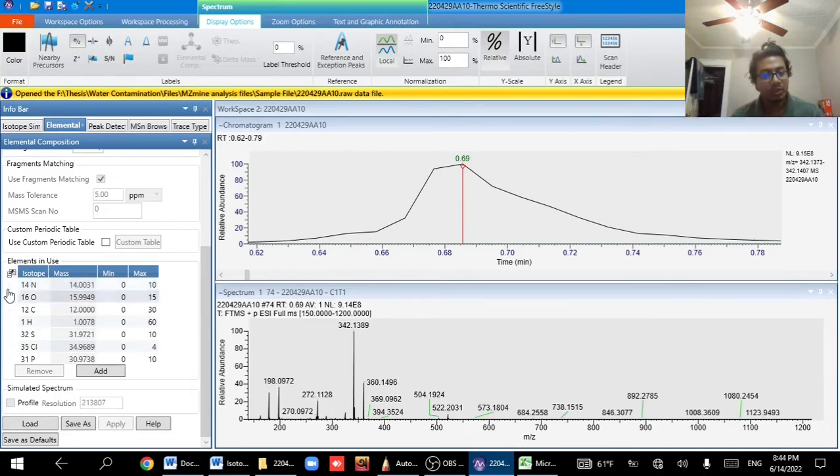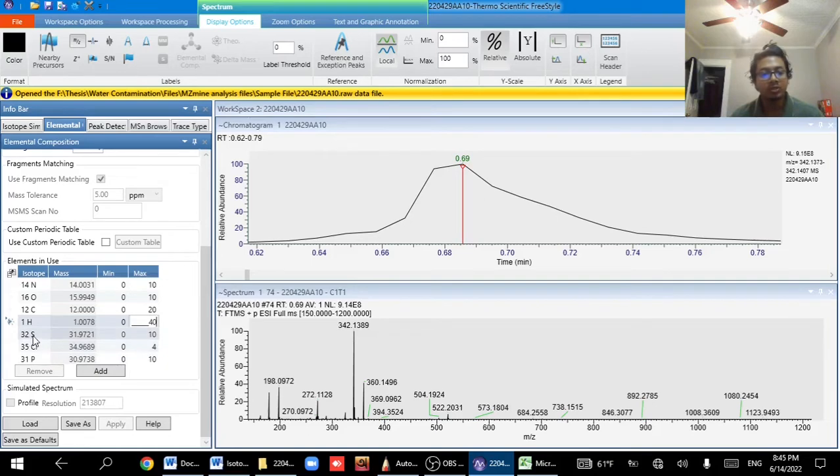If I input the default values, nitrogen is 10, and I got 4 oxygen, so it could also be 10. I can input 10. I got 13 carbon, so it could be 20. I got no hydrogen, but I can input 40 hydrogen here.